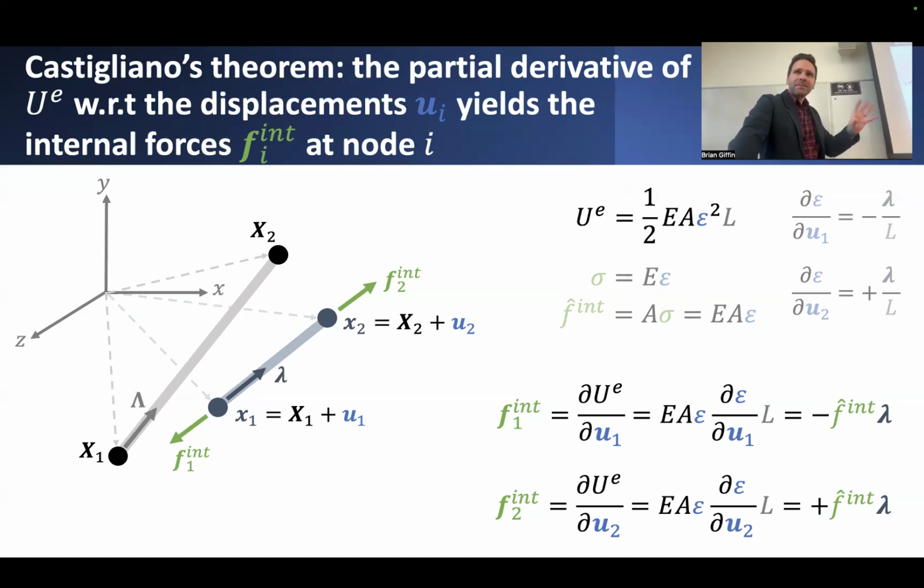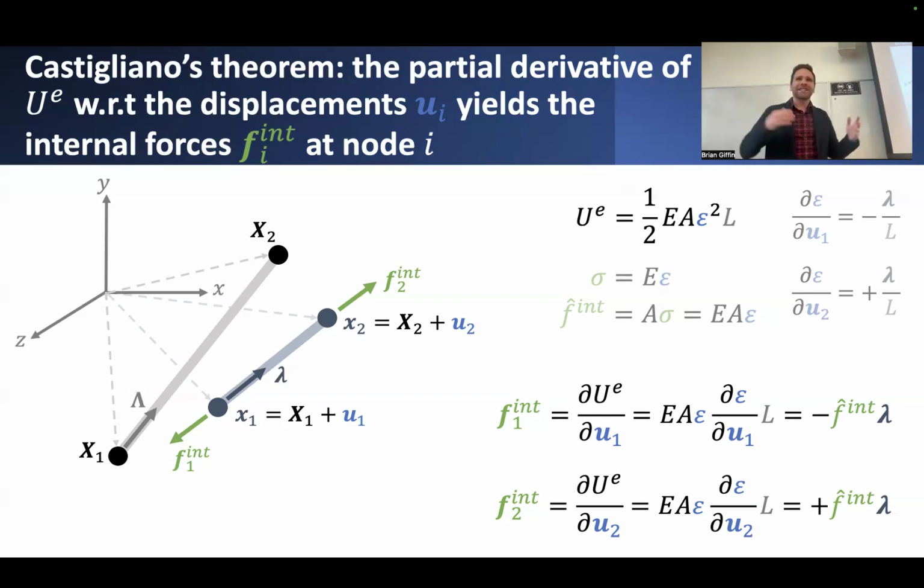Now, what's a little bit more confusing is what do we do when we try to derive a stiffness matrix? And in particular, when we're deriving the tangent stiffness matrix for this particular element. To do that, as I said previously, we have to take the derivative of these force expressions, F1 and F2, with respect to, again, U1 and U2.